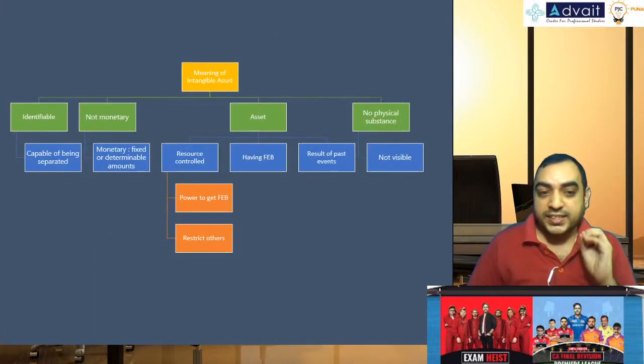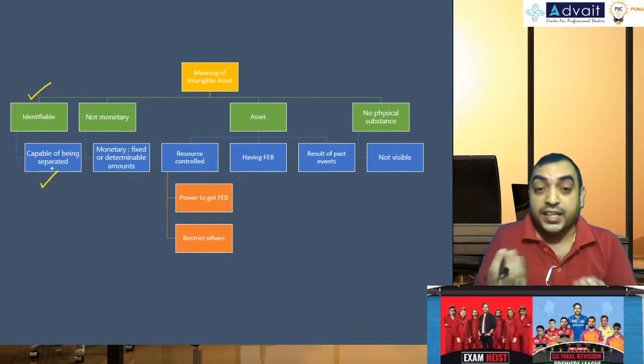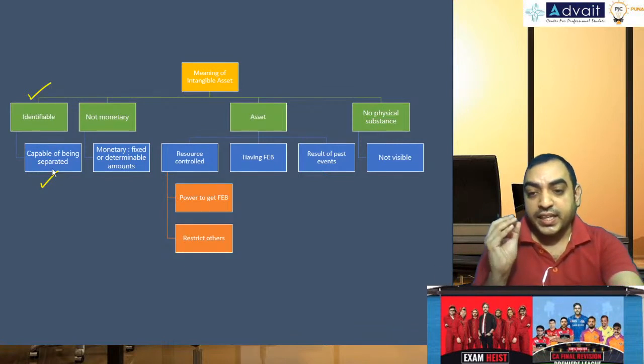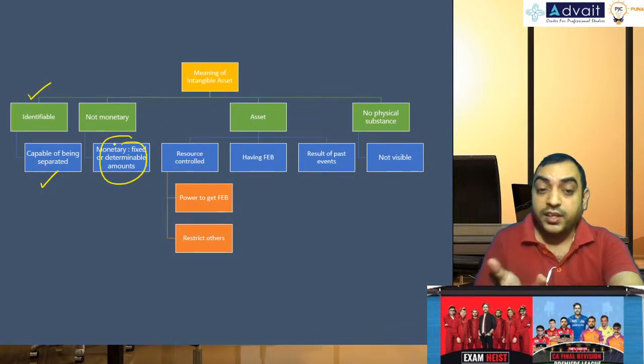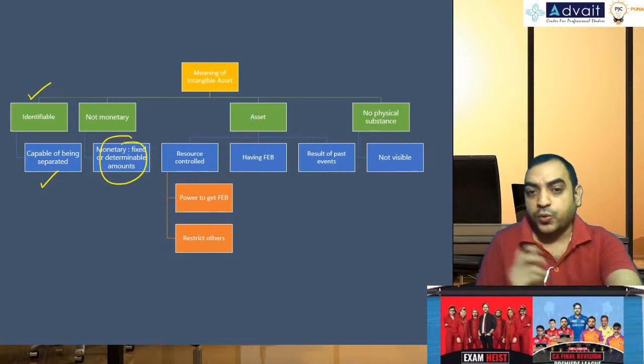Now, intangible asset means it is identifiable in nature, meaning it should be capable of being separated. If you can't separate it, then you cannot call it an intangible asset. Then non-monetary means not monetary. What is monetary? Fixed or determinable amount, because an intangible asset cannot have a fixed amount. And it should be an asset, a resource controlled.